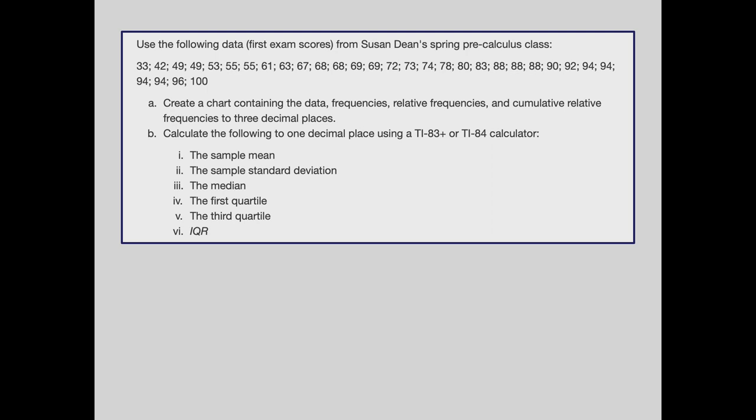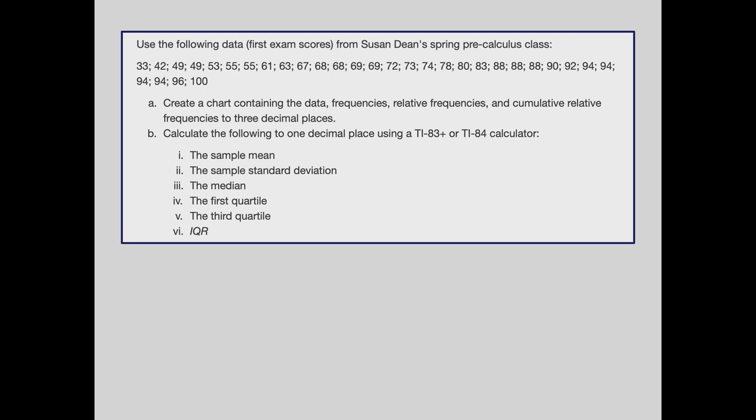That will give you the answers to part B: the sample mean, sample standard deviation, the median, the first quartile, the third quartile, and the interquartile range. You won't see them right away displayed; you have to keep pressing the down arrow button to find the median and the quartiles once the sample mean comes up.